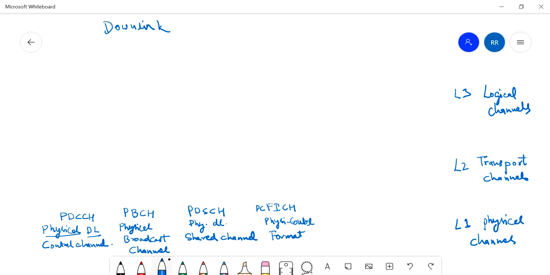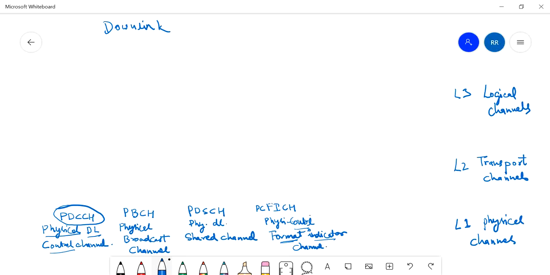You may find this name a little bit strange. Basically this channel tells the format of PDCCH. Since this channel tells the format of PDCCH, that's why it is called physical control format indicator channel. Control format means this is a control channel. The physical downlink control channel, and this channel tells the control format indicator, that's why it's called PCFICH.